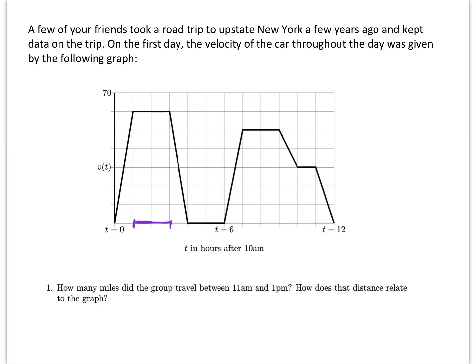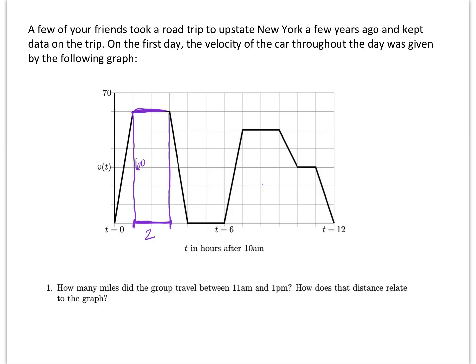And how far did we travel? Well, that depends on how fast we were going on that time interval. And we were going a constant speed of 70 miles per hour. Sorry, 60 miles per hour. So here's our area under the curve. Okay, so this is 2. The height here is 60 miles per hour.